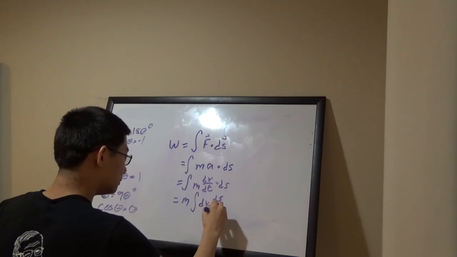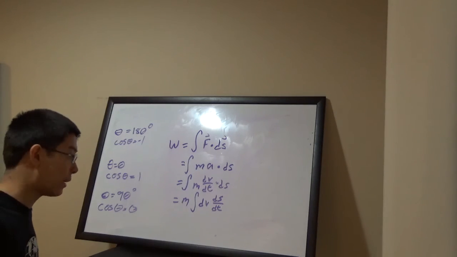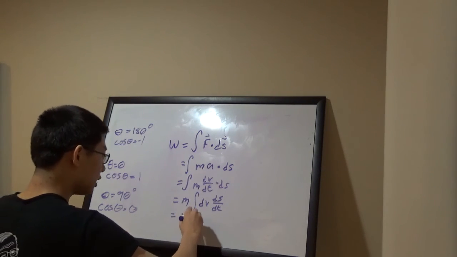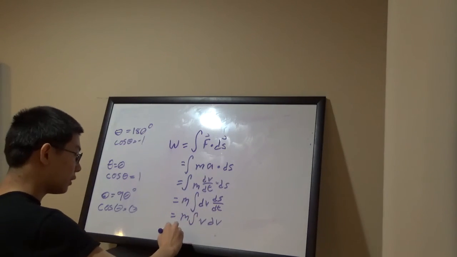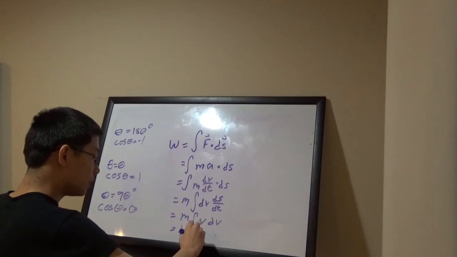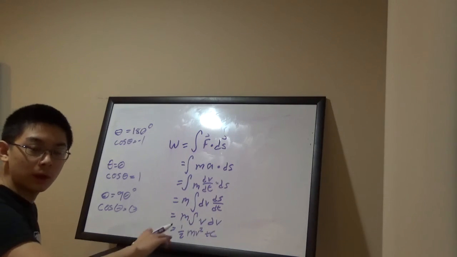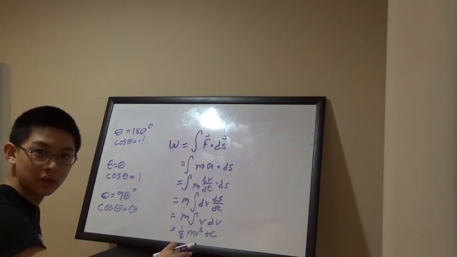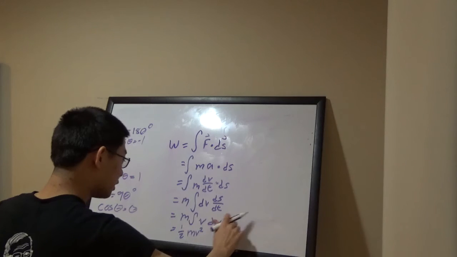Wait, but isn't velocity equal to the change in position over change in time? Yes, it is. So we get m times the integral of velocity times dv. The integral here evaluates to 1/2 mv squared plus c. The c is our initial value, which we can just assume is 0 because we assume that we started at 0 velocity, or 0 energy.